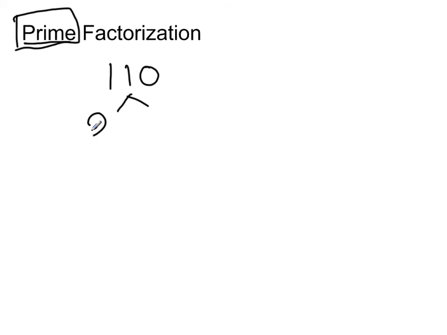We know 2 times 55 got us 110. Now we're going to look at these 2 numbers. 2 is prime, so I'm going to circle him because he's a prime number. There's no further I can break it down except into 2 and 1, I'm sorry, 1 in itself. And that's not interesting to us, so we're looking for prime numbers. 1 is not a prime number, remember that.